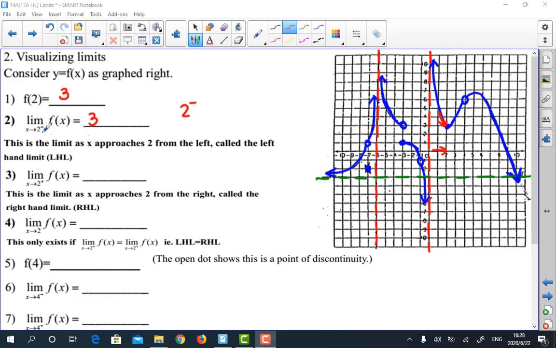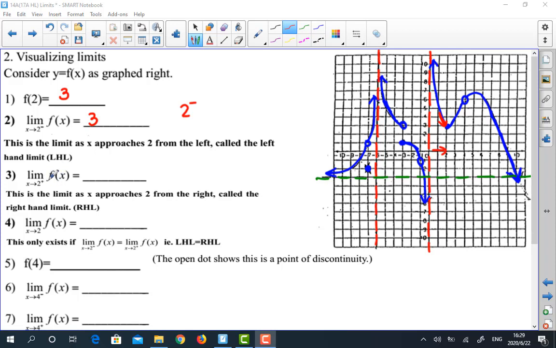When you look at the behavior around x equals 2, you can look at this point from the left hand side or the right hand side. So this one means I'm looking for what y value will approach from the left hand side when x is approaching 2.